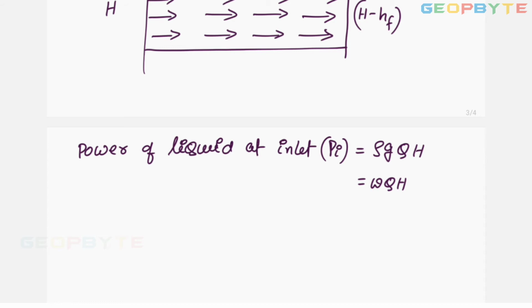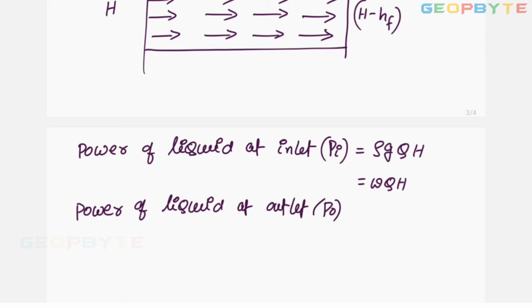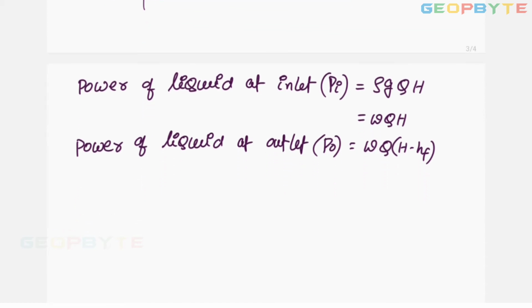Similarly, power of liquid at outlet, P naught equal to W into Q into outlet head, which is H minus HF. It can be also written as output power equal to W, the specific weight of water, that remains constant.